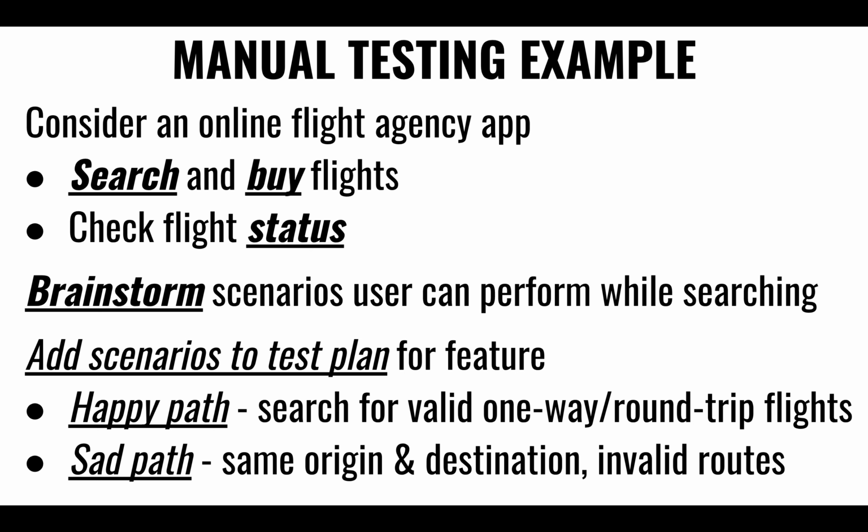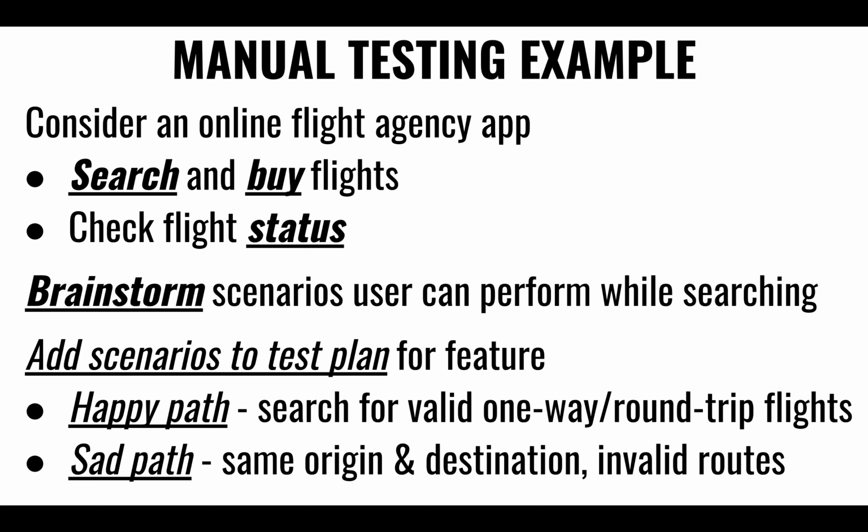So here's an example of a manual test as we are interacting with a flight agency application where folks can search for a flight, or they can buy a flight, they can check a flight status, and these would be perhaps various features that the QA engineer would need to test and a developer engineer would need to implement.